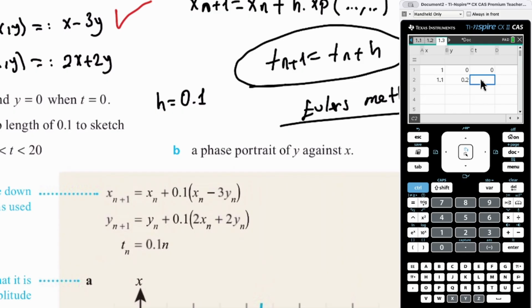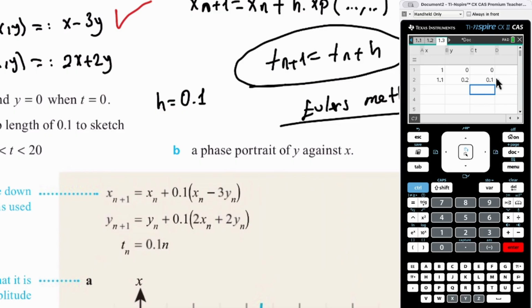Euler's method. Okay, here I'm gonna write equals to, what is that? It's gonna be initial t, which is C1 plus h. Okay, so this is my values.